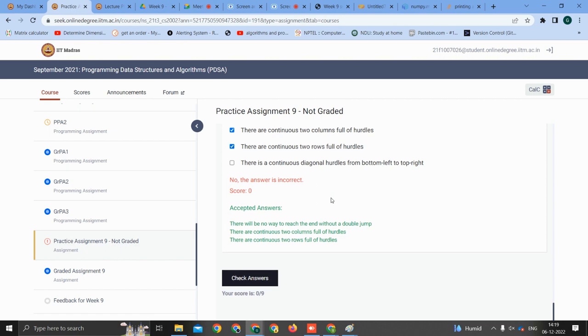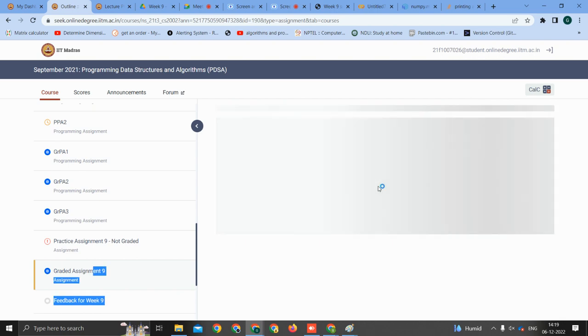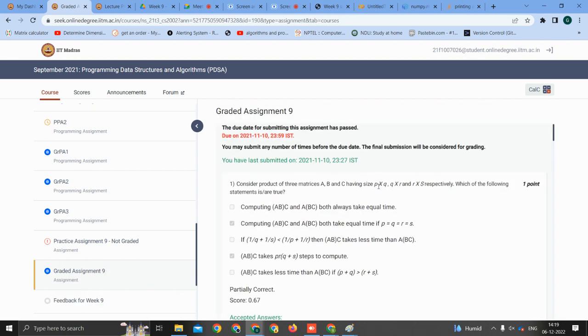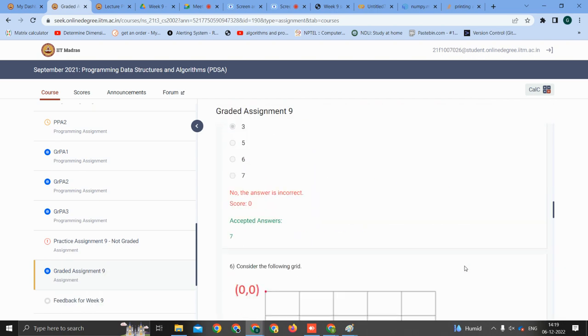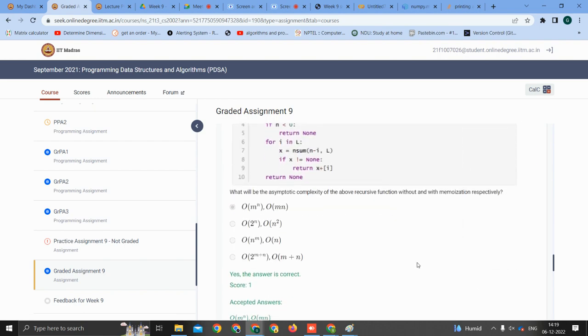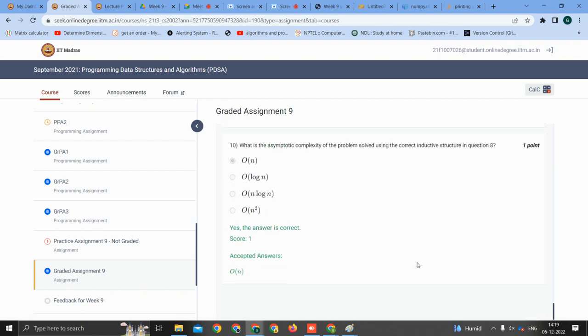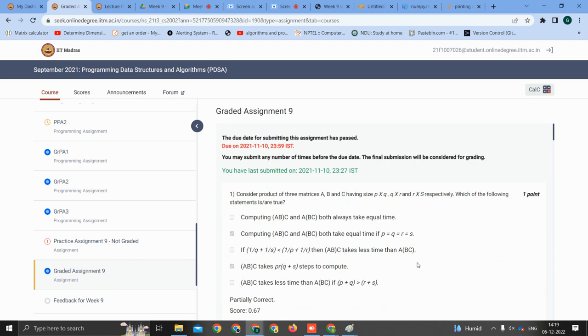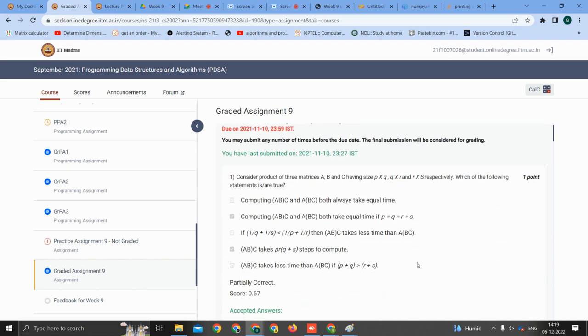Great. So shall we do the graded also? How much time will it take? Any idea? It's 2:20 now. I really want to do the graded one, but I have to go to another meeting. How much time can you stay here?